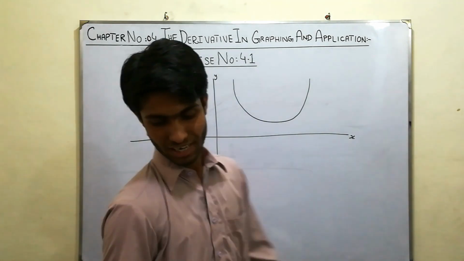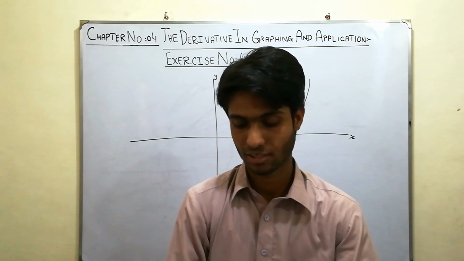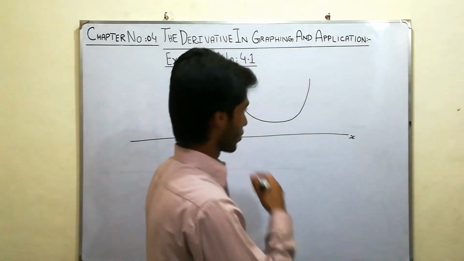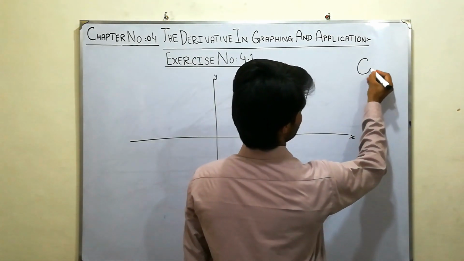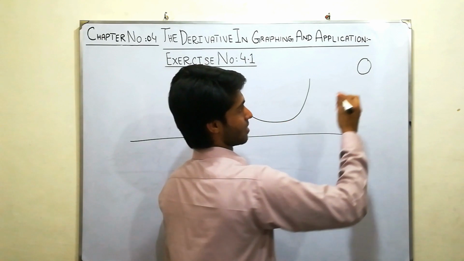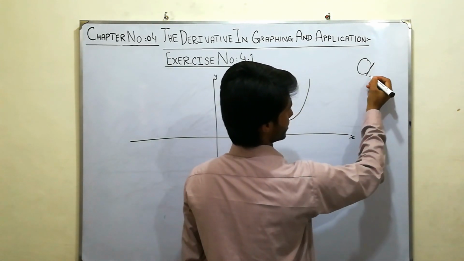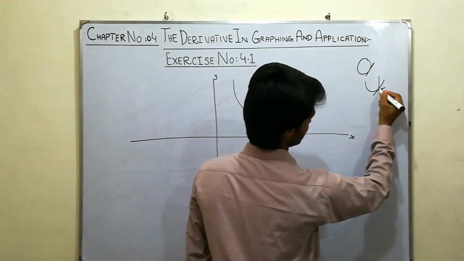So the first point is that a function is concave up on an open interval if its tangent lines have increasing slope. So what is a tangent line? Let's suppose we have a circle or half circle. A line that touches the circle at a point is called a tangent line. This is a half circle, and this line is called a tangent line.